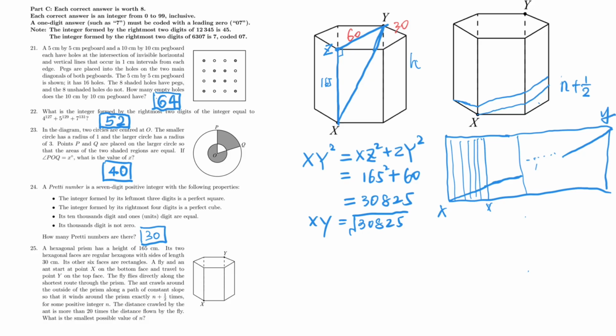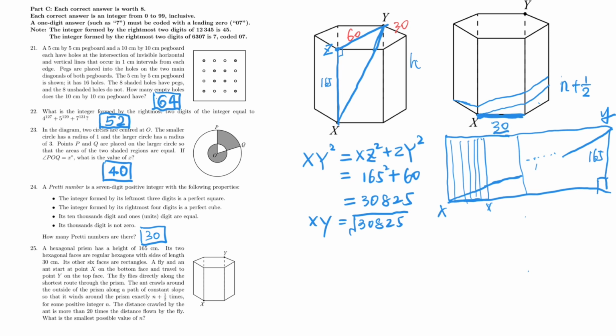So the height of the ant's route, the total height, is 165. This is a right triangle. And the length, what's the length?